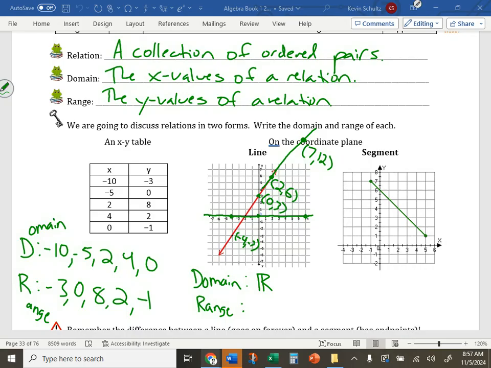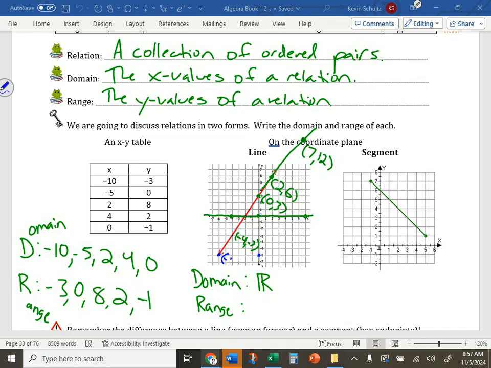Okay? Is the same thing true for y? Yes. Okay? And again, it's not looking for where does it cross the y-axis. It's saying, is every y value represented? Let's take -6 here. Okay? Where is the y value of -6 represented in an ordered pair? Right here.